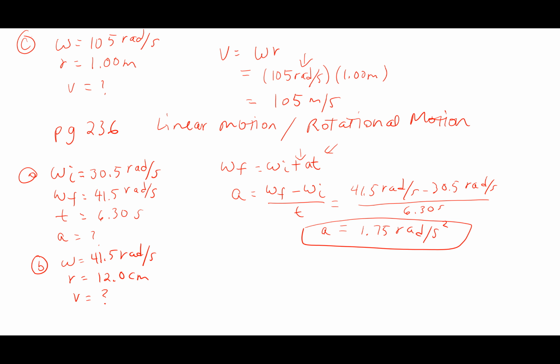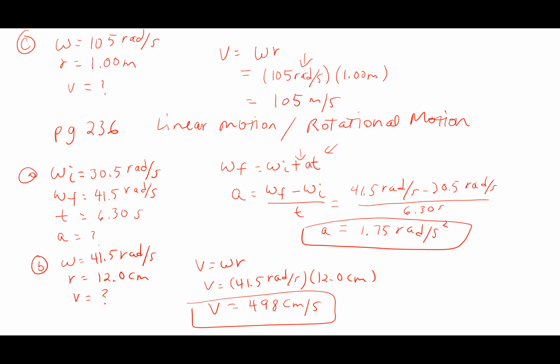So the basic equation is v equals omega r. v equals 41.5 rads per second times 12.0 centimeters equals 498 centimeters per second for our velocity on one point of the rim. Okay?